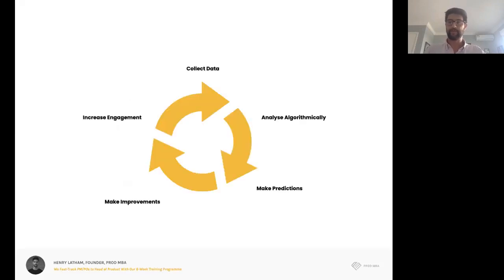And in essence, the goal of the AI factory, this third stage of product strategy, is to create this continuous virtuous cycle of collecting data, analyzing it algorithmically, making predictions, making improvements, and increasing user engagement, really value creation, with the ultimate goal of increasing profit, right? Value capture.